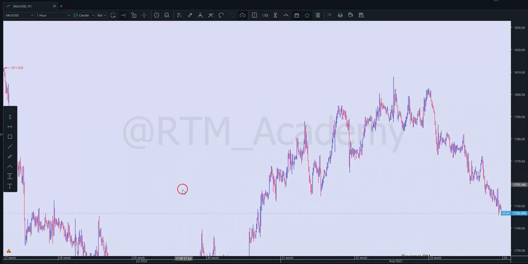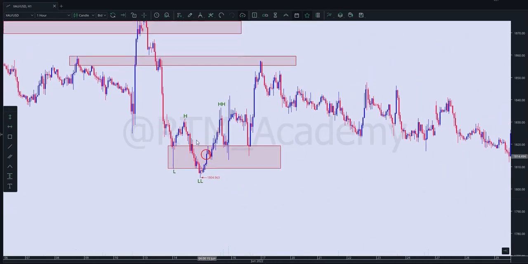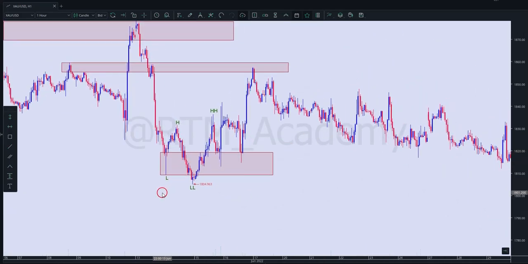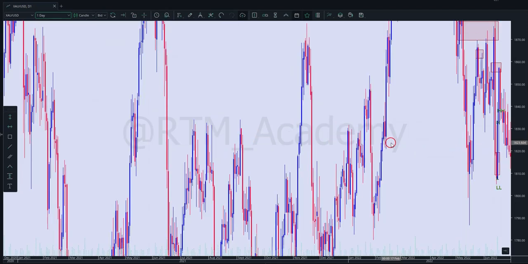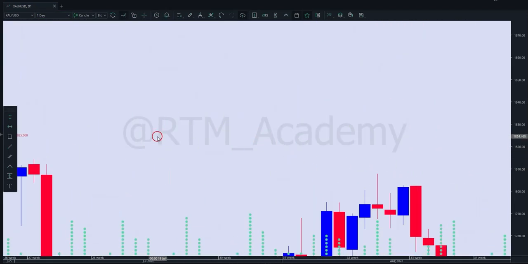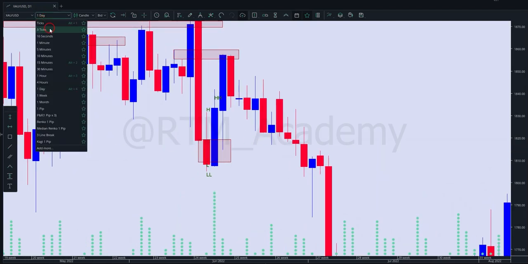You should have a screenshot from here with the definition: high, low, lower low, higher high. This is the first screenshot, and your second screenshot should be in a higher time frame and show the engulfing candle.